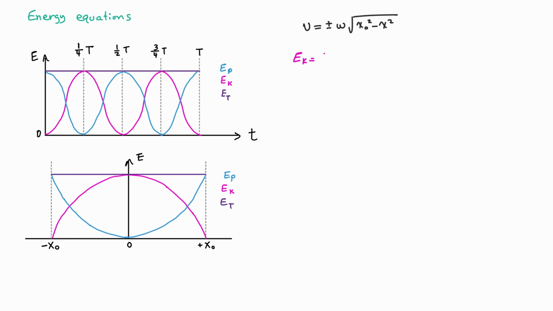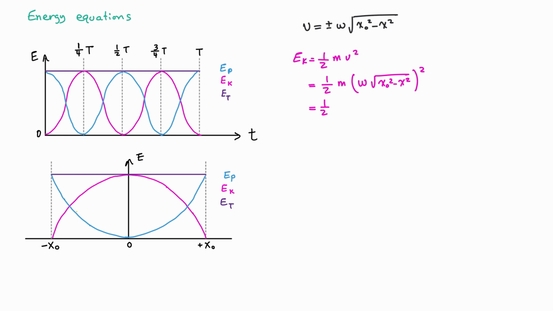Ek is equal to 1/2 mass times velocity squared, and that is the kinetic energy of the particle at any point. So for the velocity, instead of using v, I'm going to use omega times the square root of amplitude squared minus position squared.